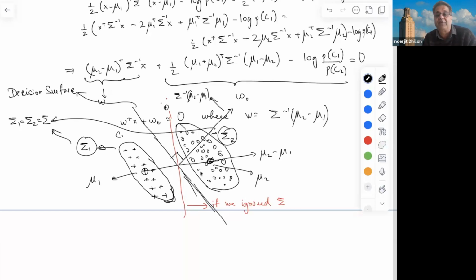So you see that the decision surface is actually sigma inverse mu2 minus mu1. Okay.